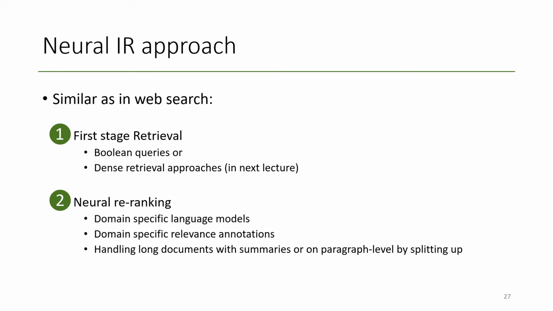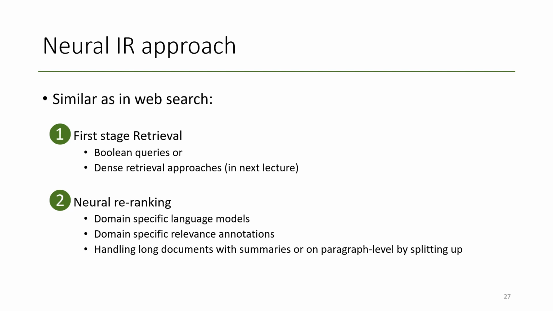You also have to consider the domain-specific relevance annotations and the challenge that you have very long queries and very long documents, and you can address this challenge by generating summaries of the cases, or you do a paragraph level approach by splitting up the case on the paragraph level.